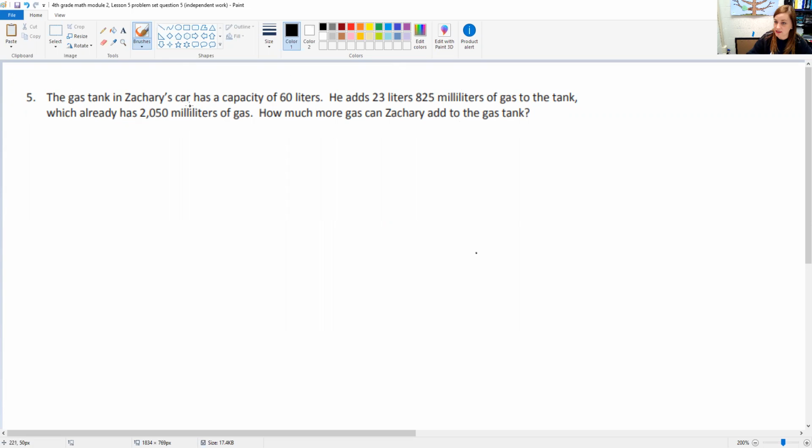So we know the gas tank can hold 60 liters altogether. He adds 23 liters, 825 milliliters of gas to the tank, but we know that the tank already had this much. Okay, so the big question is how much more gas can Zachary add to the gas tank? Okay, so let's look at it.